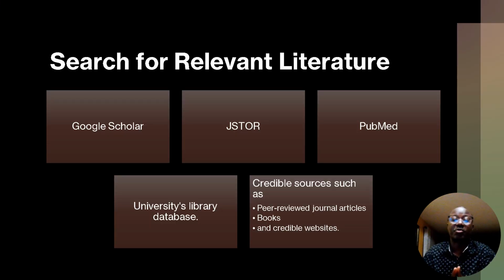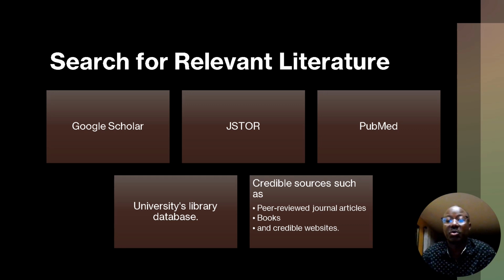Search for relevant literature. So where do you go to search for relevant literature? All right, you cannot just get up and find a literature. You have to go to a specific place, or you go to different databases. We have Google Scholar. Through Google, you can go to Google Scholar and put in your keywords to be able to pull articles based on your topic or your research question.